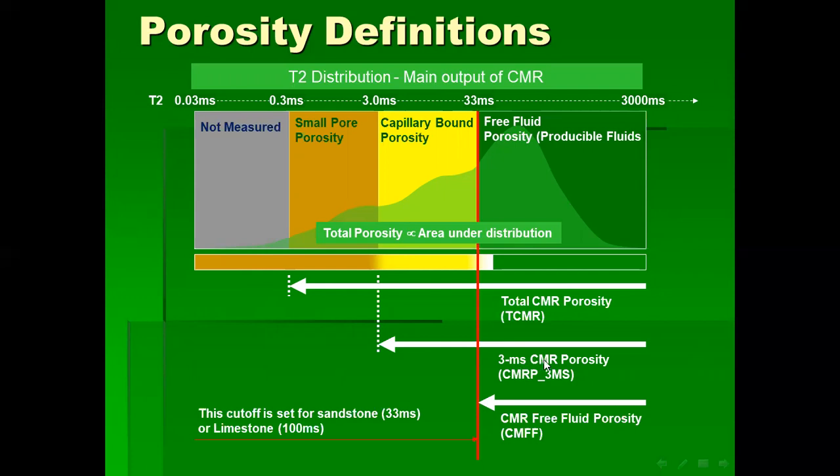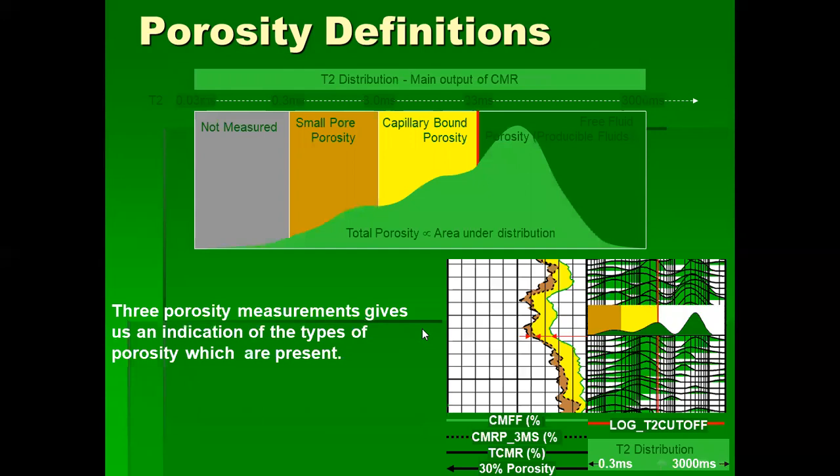The 3 millisecond CMR porosity, extending from the 3 millisecond cutoff to the right. This area under the curve will represent the CMR P3 millisecond. The third porosity data will be the CMR free fluid porosity, extending from 33 milliseconds and above. And these cutoff values are used only for sand and will be changed for the case of carbonate.